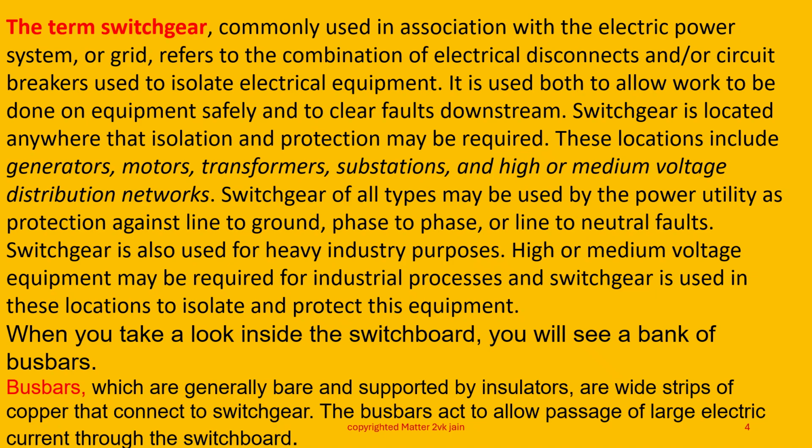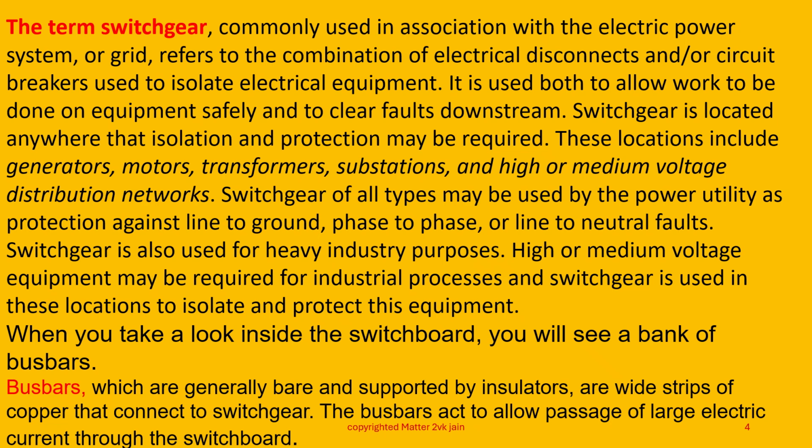Friends, the term switchgear, commonly used in association with the electrical power system or grid, refers to combination of electrical disconnects and or circuit breaker used to isolate electrical equipment.